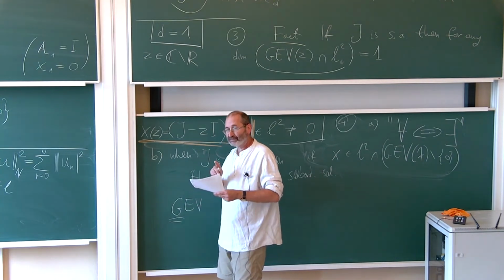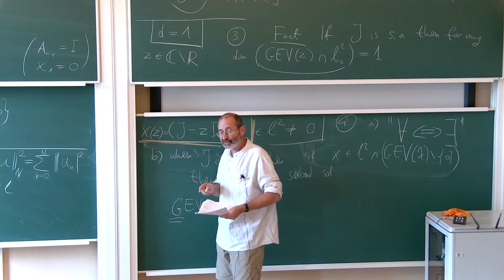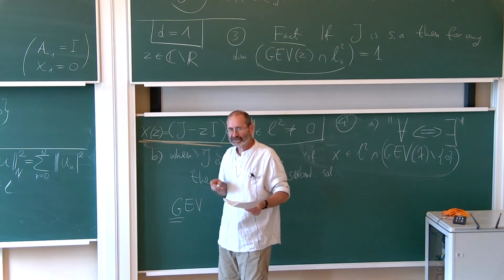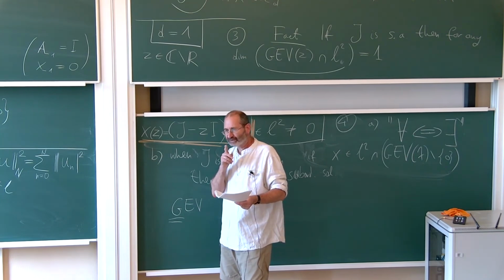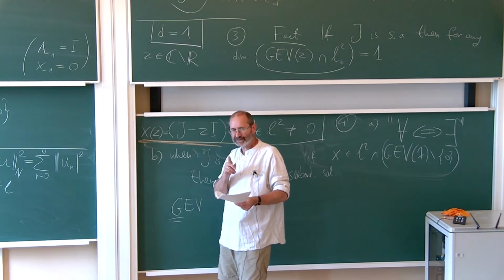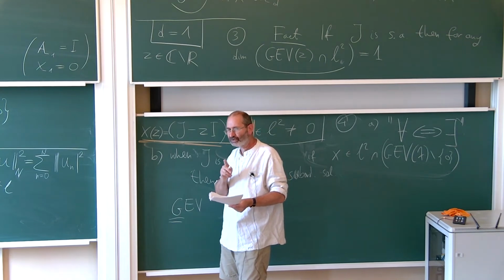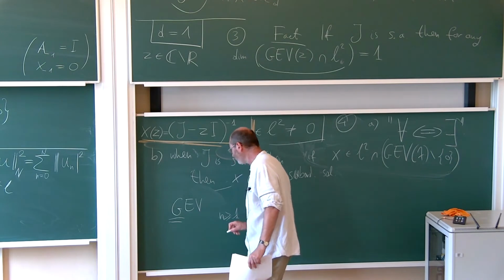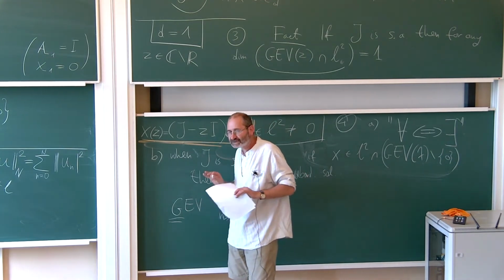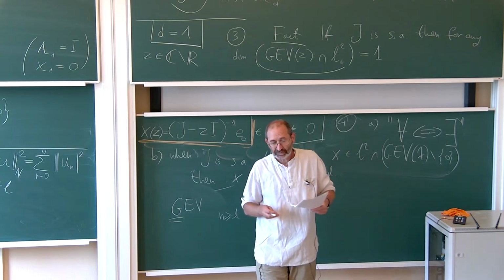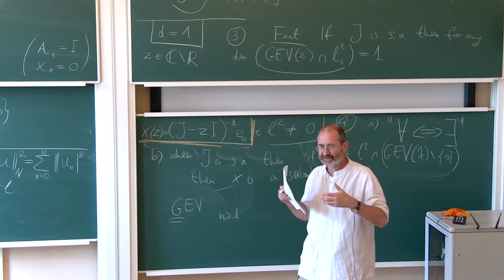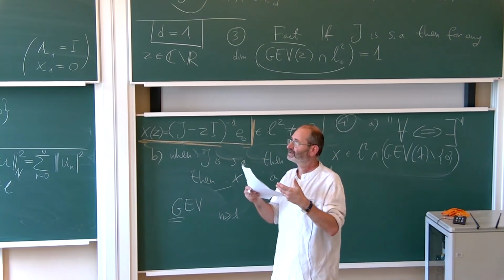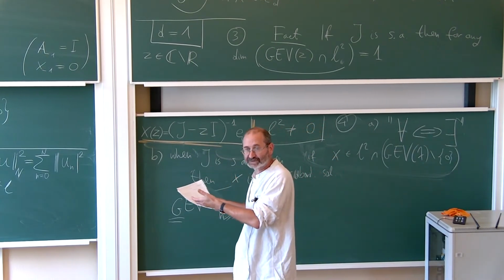These are just sequences which satisfy the equation everywhere except at the number 0. We assume this only for n greater or equal to 1, and not for 0.